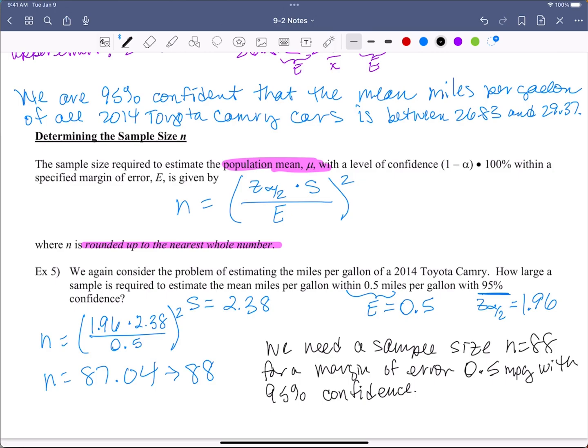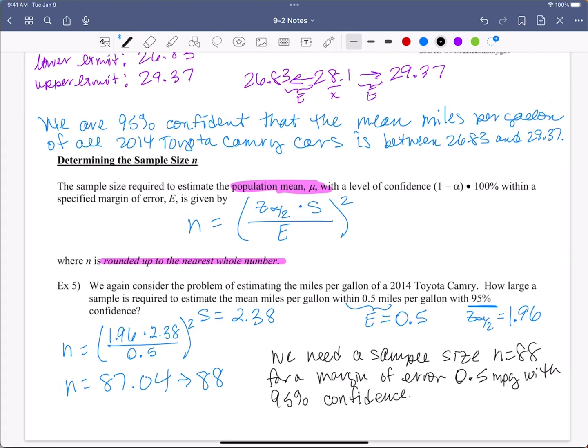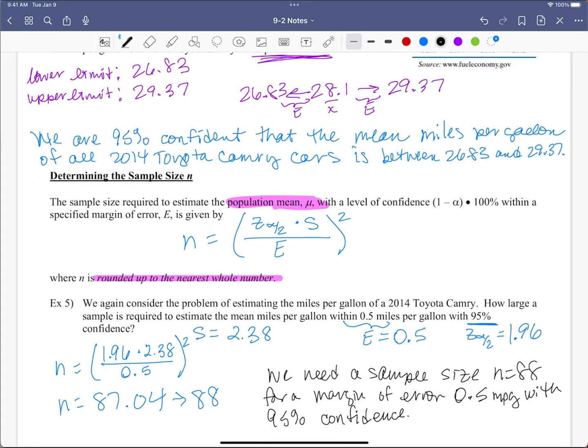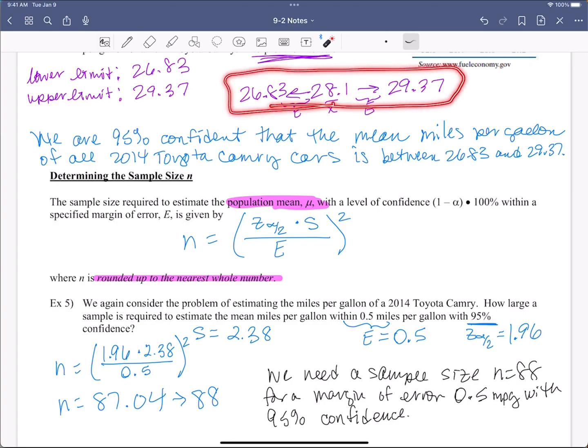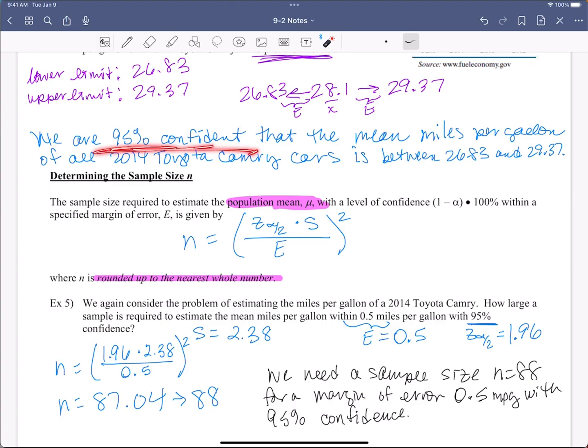If we want to make sure that our margin of error is just half of a mile per gallon, then we can work with it. Look at this one right here. If we have these values based on this 16, do we have a 0.5 margin of error here? No, we do not, right? That's more than half a mile per gallon for that upper and lower limit to be 95% confident.